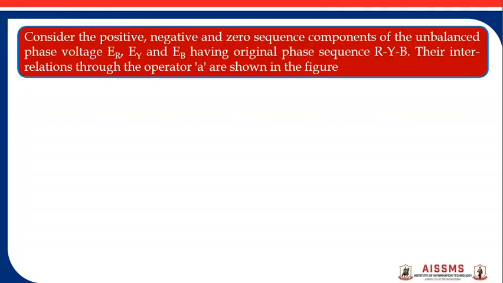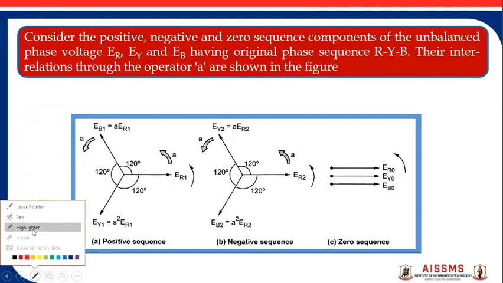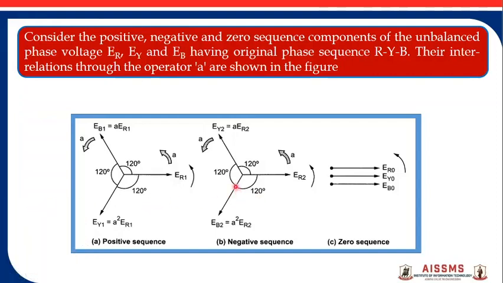Let us say the unbalanced voltages are ER, EY, and EB, and these phase voltages have the phase sequence R, Y, B. Their interrelations through the operator A are as shown in the figure. These phasors are of the positive sequence component, this phasor is of the negative sequence component, and these phasors are of the zero sequence component.